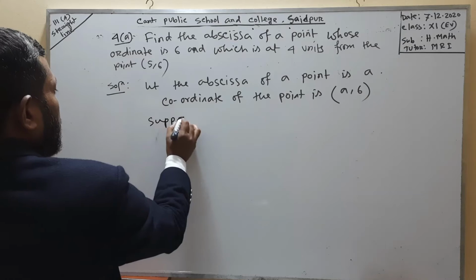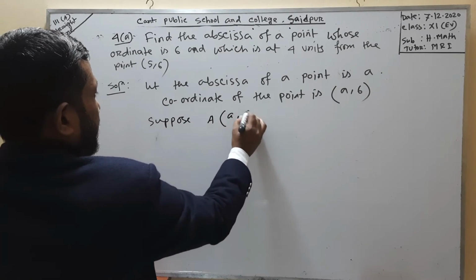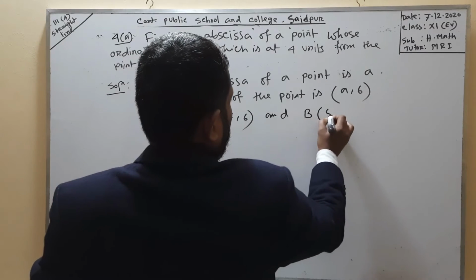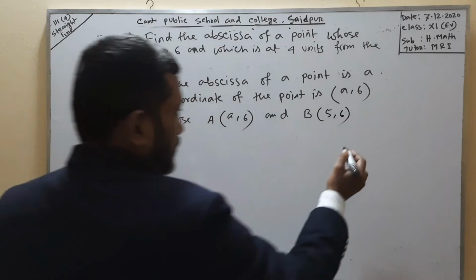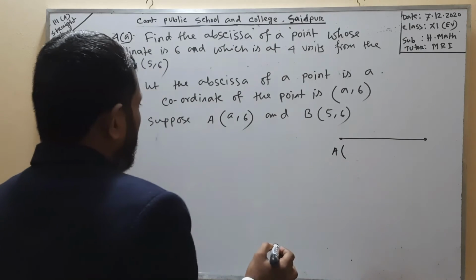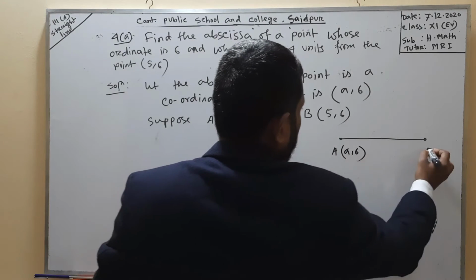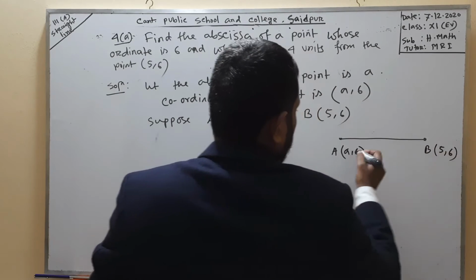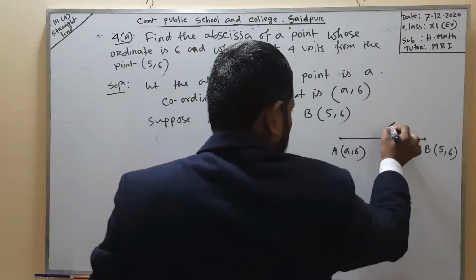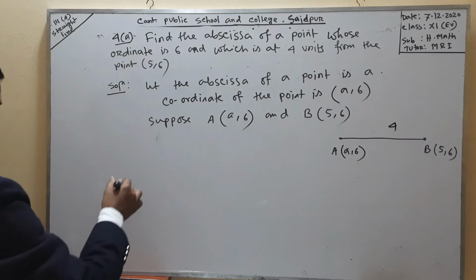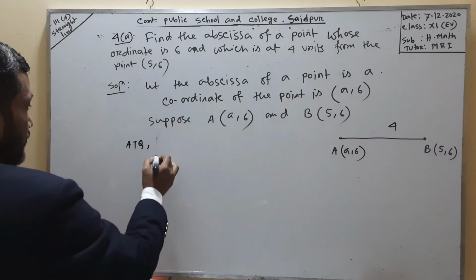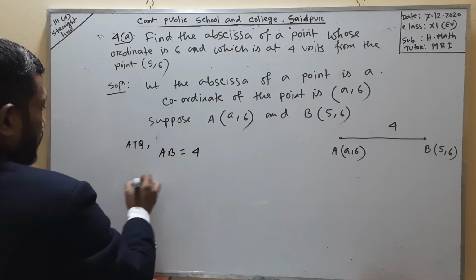Suppose here A, 6 and B, 5, 6. The coordinate of A is A comma 6 and the coordinate of B is 5 comma 6. The distance between A and B is 4. According to the question, we can write AB is equal to 4.